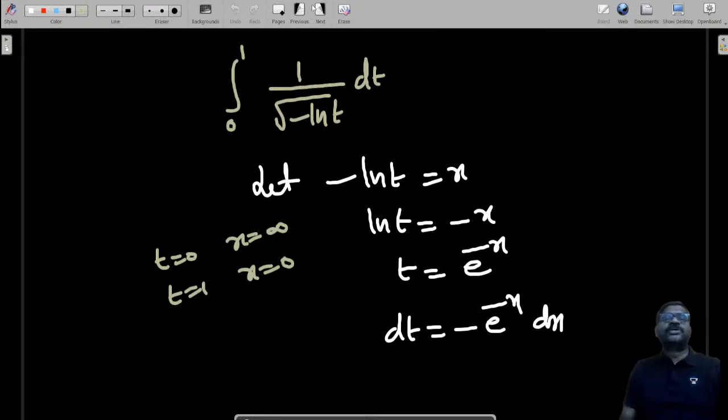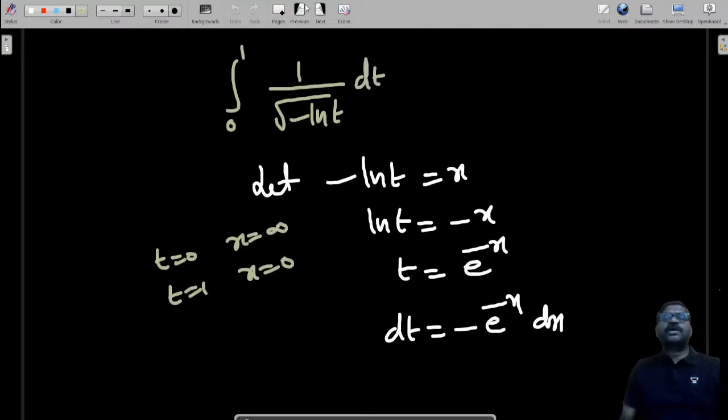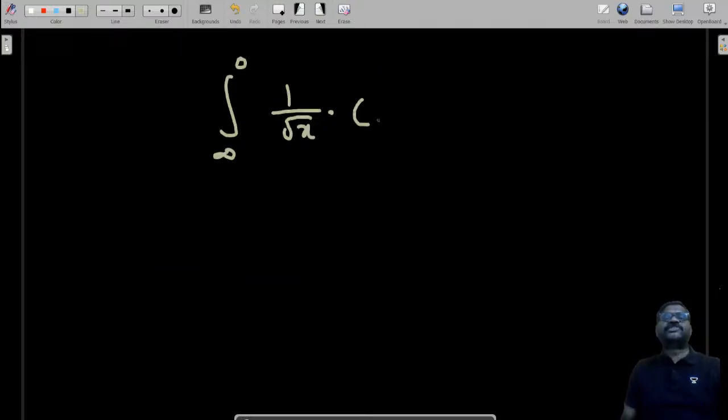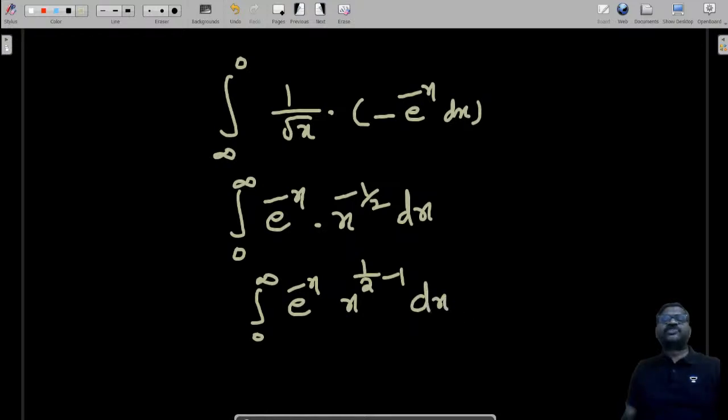Therefore, the given integral becomes infinity to 0. 0 to 1 will become infinity to 0, 1 by root x, dt is nothing but minus e power minus x dx. That is 0 to infinity e power minus x into x power minus 1 by 2 dx, x power 1 by 2 minus 1 dx.